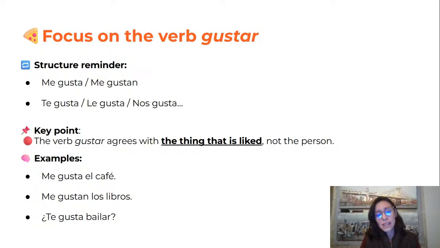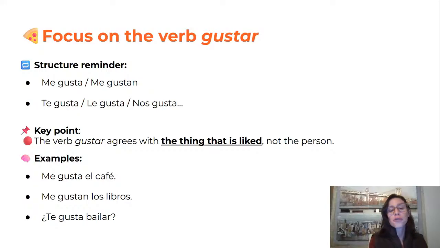But in the sentence below, when we mention the books, we don't say me gusta anymore. We say me gustan. We add this n. Why? Because now the object that is liked is plural. So I like the books.